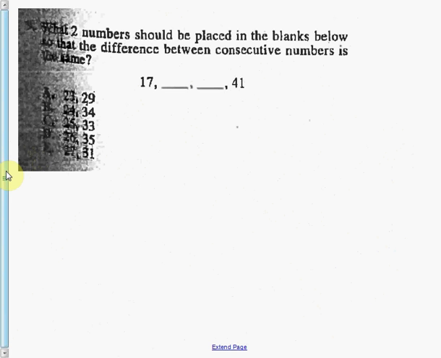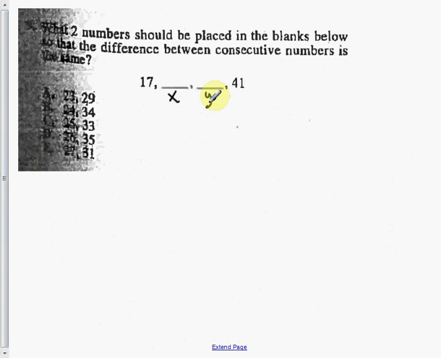So since we don't know what those numbers are, we use algebra. If I don't know what something is, I'll call it x. I have another one over there, I don't know what it is, so I call it y. It says the difference between the consecutive numbers is the same.